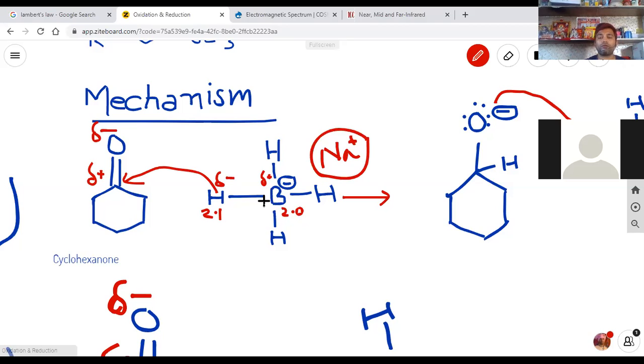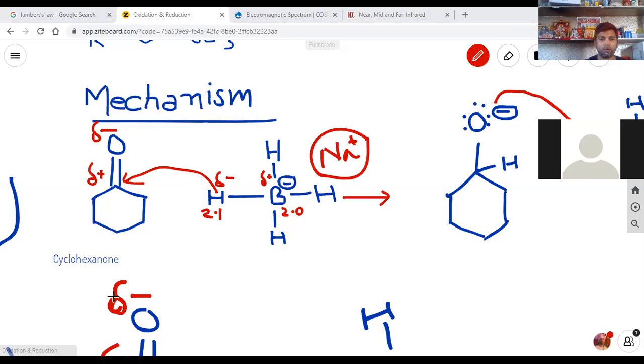So the bond will be polar. With respect to hydrogen, the boron will have a partial positive charge, and the hydrogen has a partial negative charge.